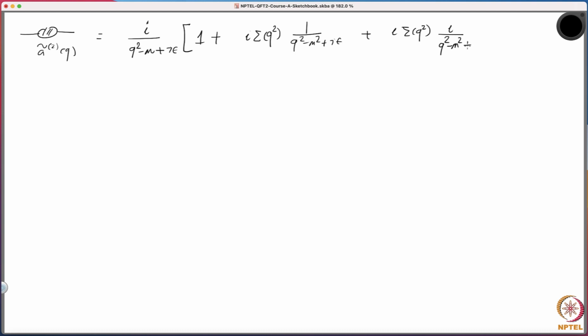Okay, and remember this is m square, not physical mass. Okay, so that's the series you have, and you know that this we can sum up.